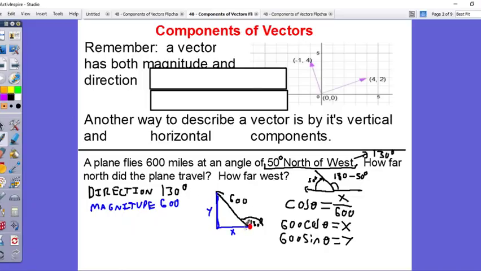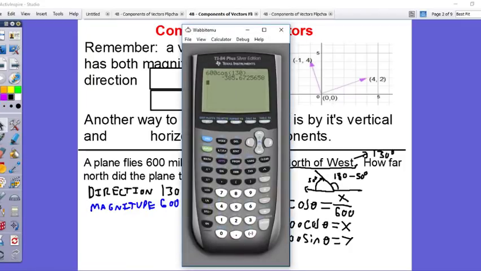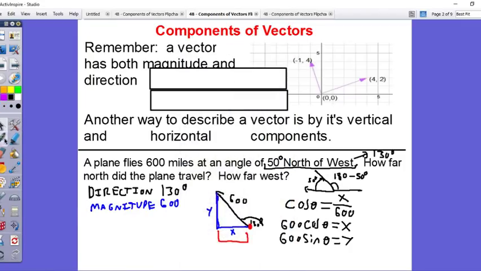So you are moving in a negative direction. So you have an x component of negative 385.67. That is our horizontal component.